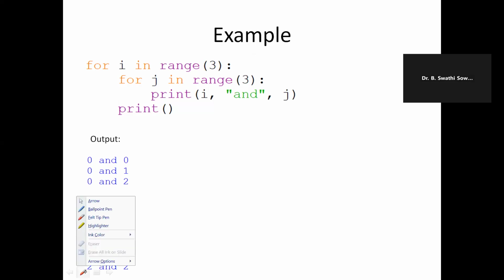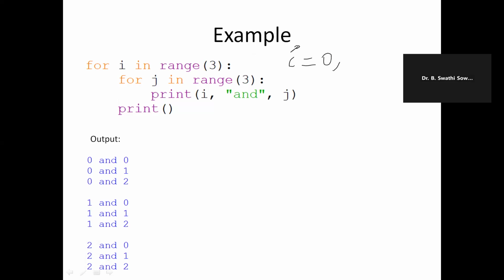So 0 to 3 means i takes the values 0, 1 and 2, because 3 will be excluded. Now j is also running over 0, 1 and 2, because 3 will be excluded when we are considering the range. Hope everyone understands.